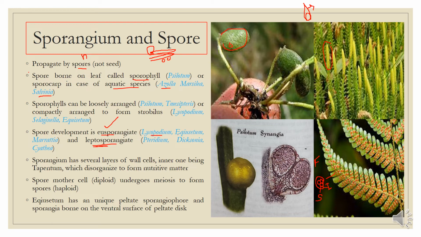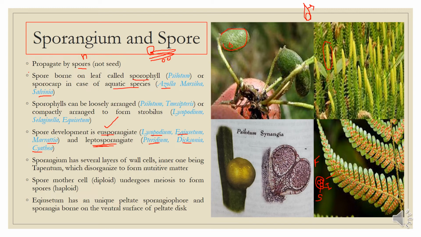The eusporangiate species are Lycopodium, Equisetum and the fern Marattia. And leptosporangiate species are Pteridium, Dicksonia, Cyathea, and many other ferns. So spore development is of two types: eusporangiate and leptosporangiate.